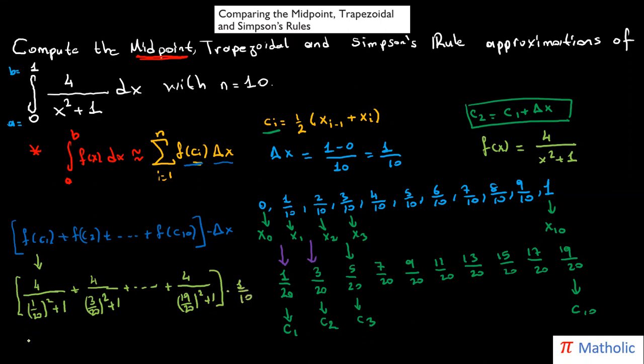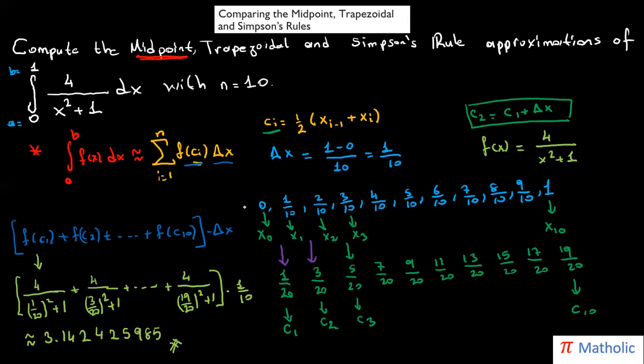If you use your calculator to calculate this, the approximated answer you get is 3.142425985. Any questions? No. So this is the midpoint rule.